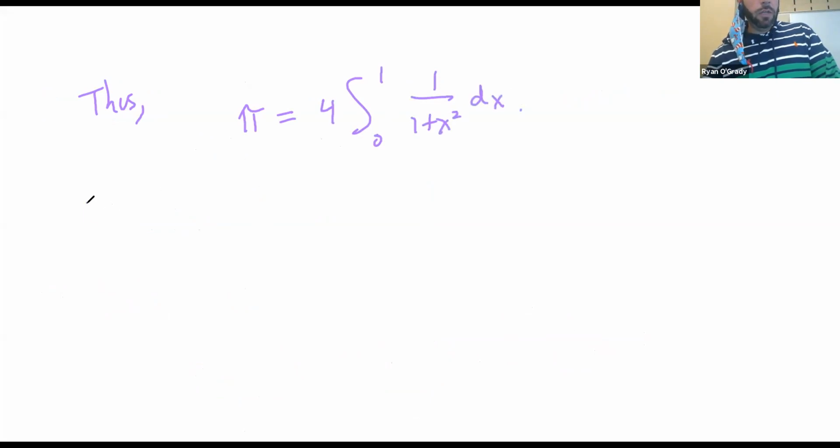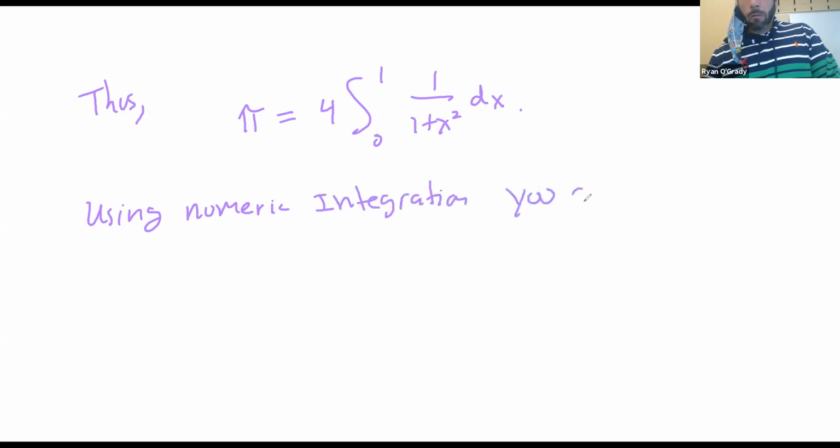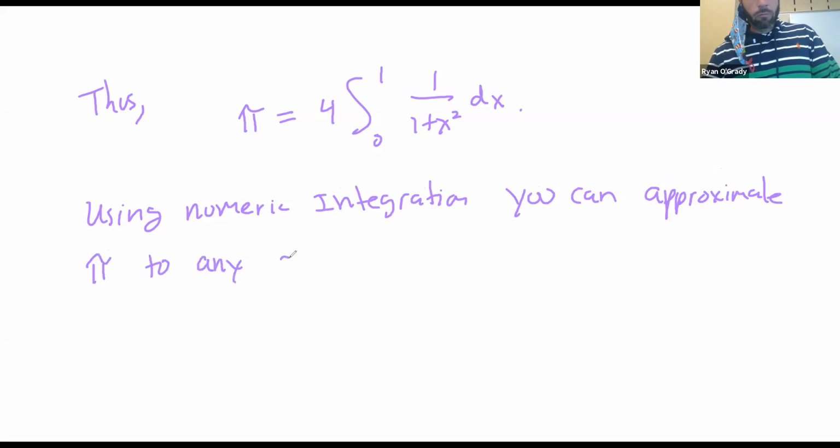And so using numeric integration, you can approximate pi to any degree of accuracy.